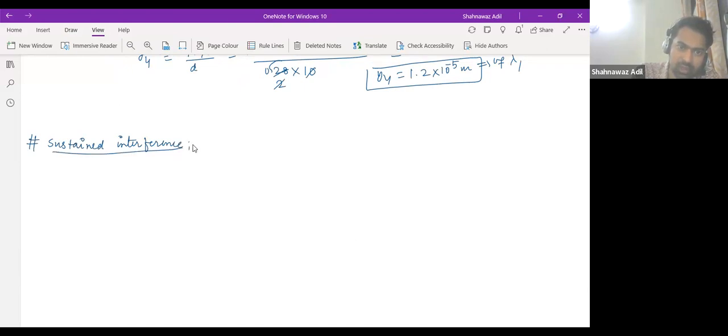And what is sustained interference? Let's say you have two interference patterns.